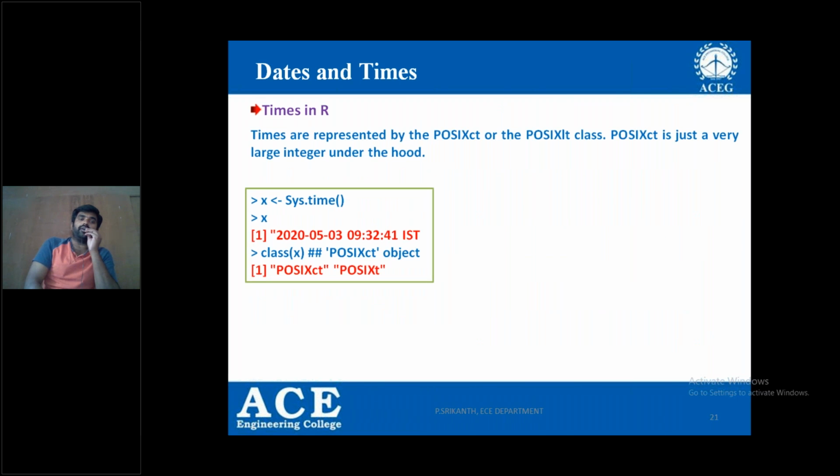Times in R. It checks the system time. Sys.time returns the system time. In the morning while preparing the slides, I checked, so it is my system time. And if I check the class of it, it gives that option.